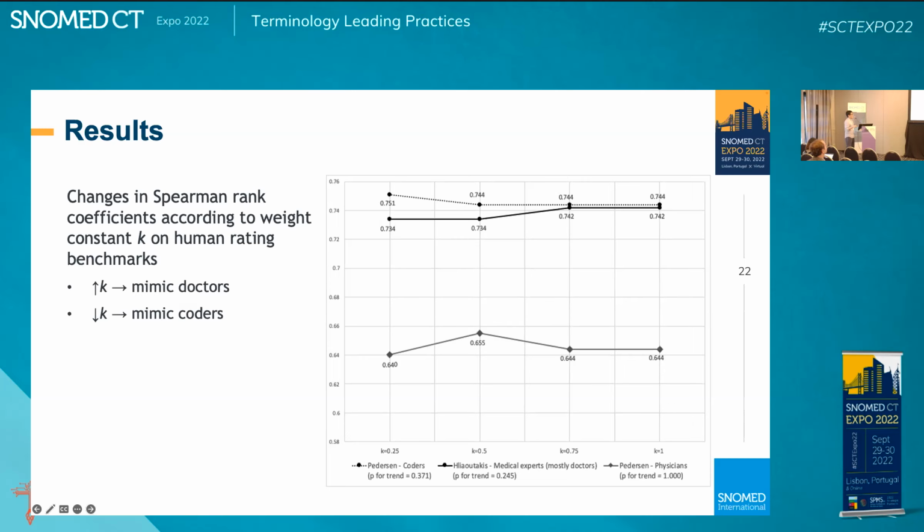So we can mimic doctors' sense of relatedness by increasing K, and we can mimic coders' sense of relatedness by decreasing K. And this implies that doctors consider attribute relations when they judge the relatedness between two biomedical terms.